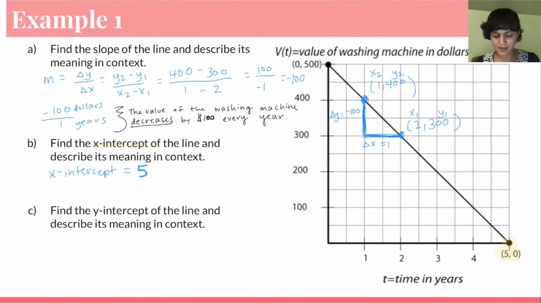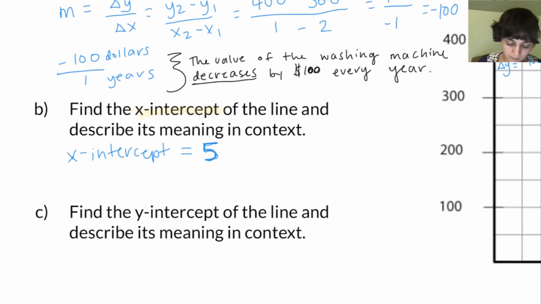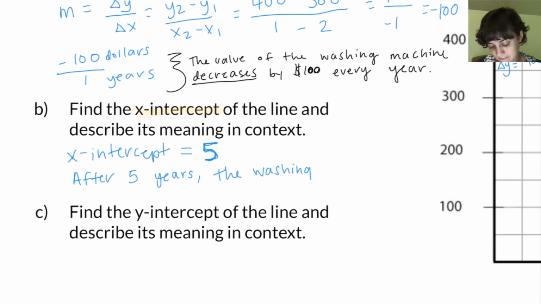And so what does this mean? That represents 5 years, right? The x-intercept is representing 5 years, since that's the label on my x-axis. So what this means in the context of the problem is after 5 years, the washing machine has no value.